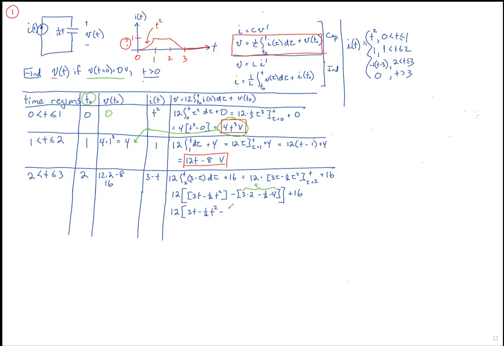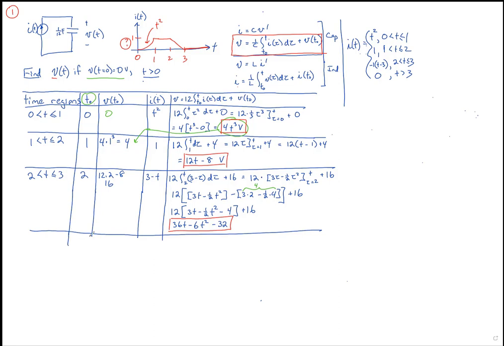So that's minus 4 plus 16. Now multiplying through gives us 36t minus 6t squared minus 48 plus 16, which gives us minus 32. So that's our answer in this time region.